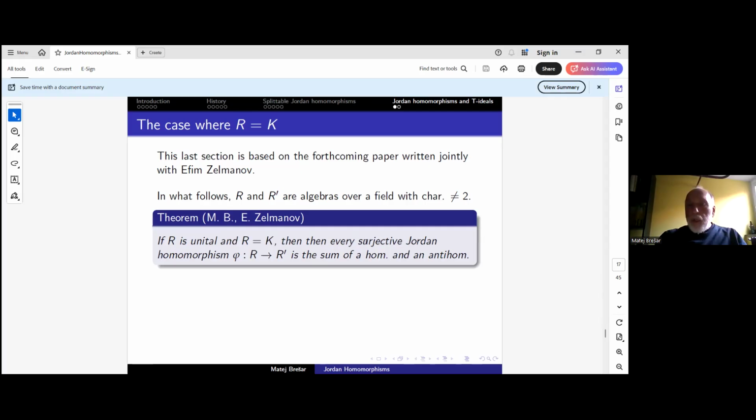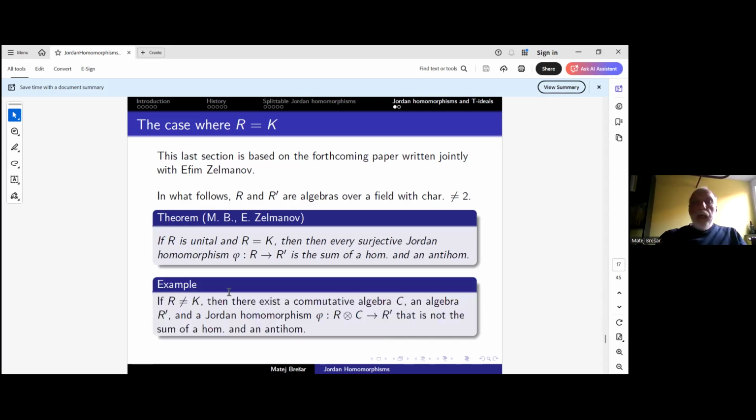What does surjectivity mean here? Because R' is an entirely arbitrary associative ring, it simply means that the image of phi is an associative algebra. We need this condition, although we are not sure whether we really need it.